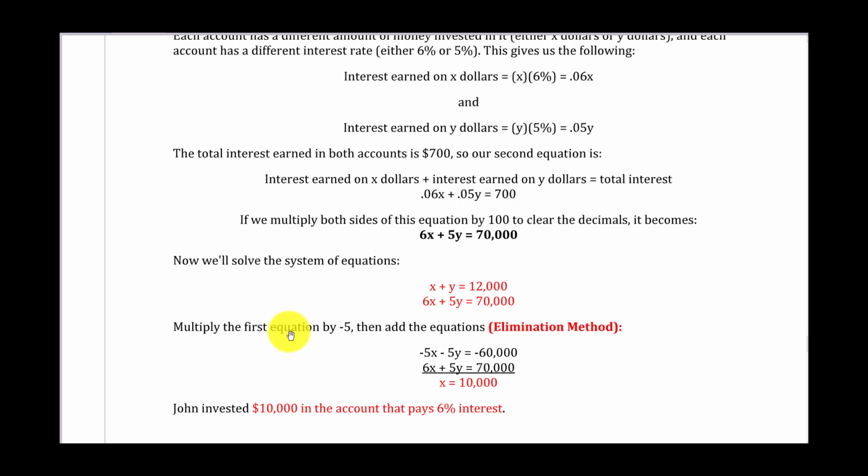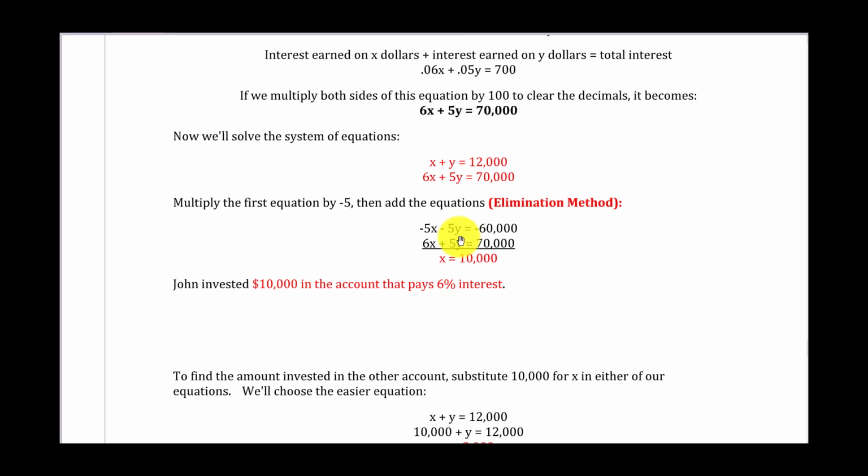I go ahead and multiply the first equation by -5. The reason I do that is because when I multiply the first equation by -5, it makes the y become -5y. And when I get that, I can add the two equations together.